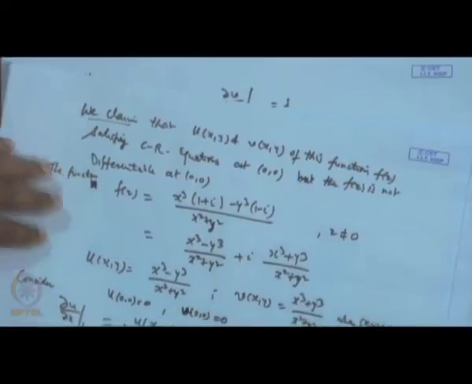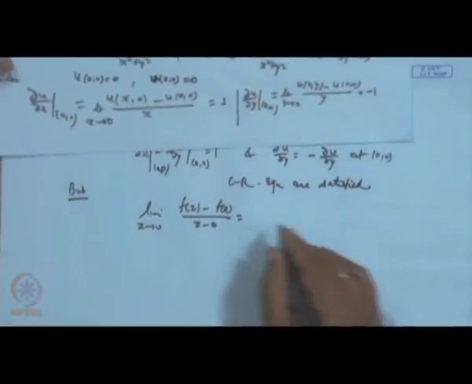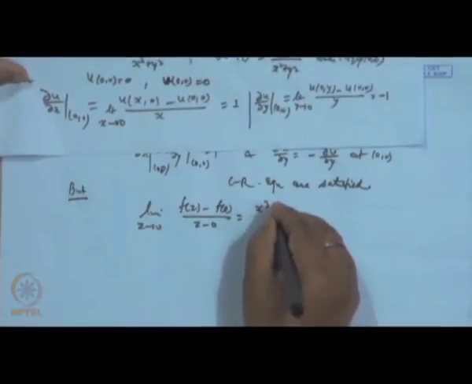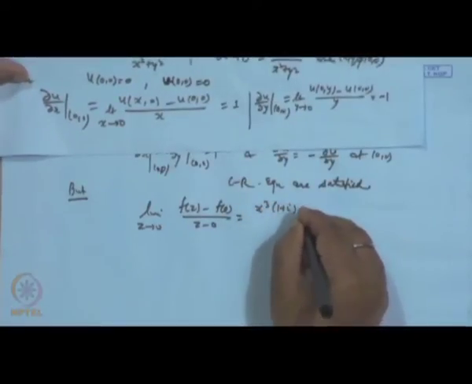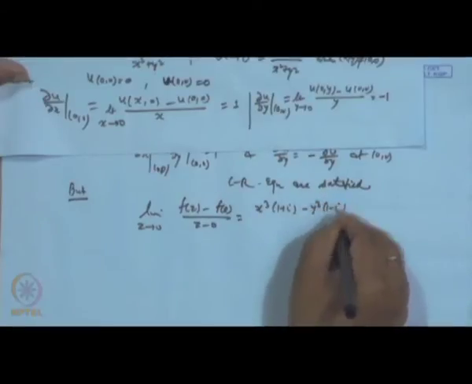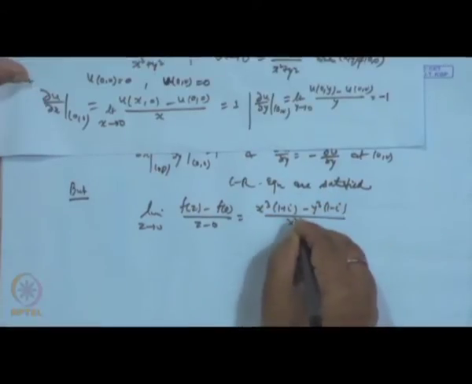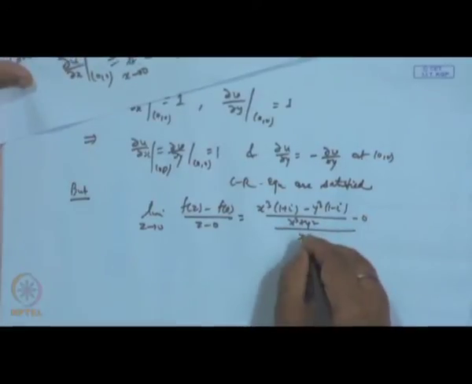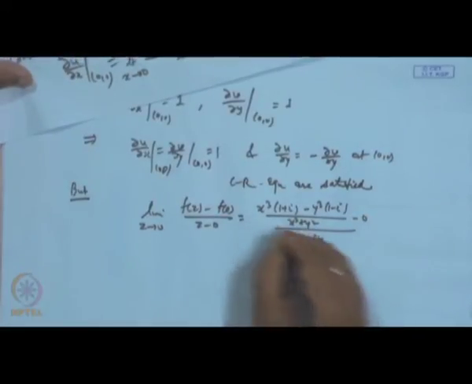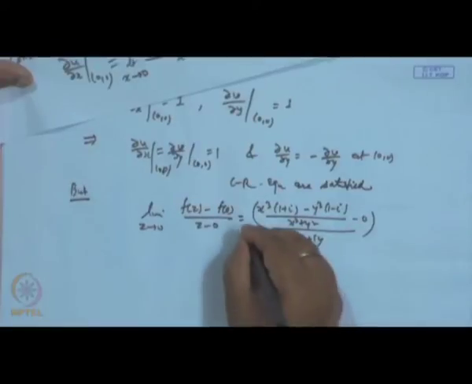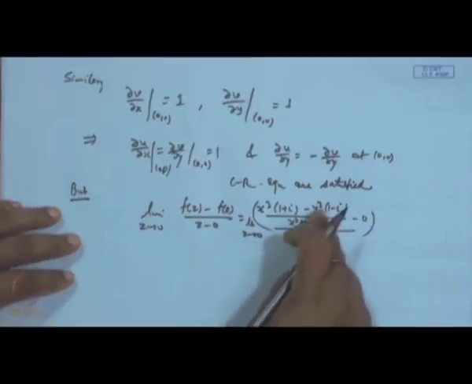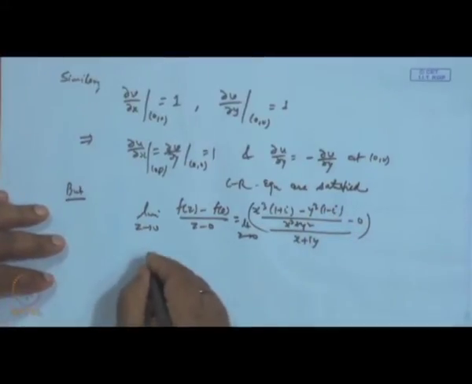Now, this function f(z) can be written as (x cube (1 plus i) minus y cube (1 minus i)) divided by (x square plus y square), minus f(0), which is 0, over x plus i y, and the limit of this as z tends to 0. Okay. Now, this expression we can write like this.